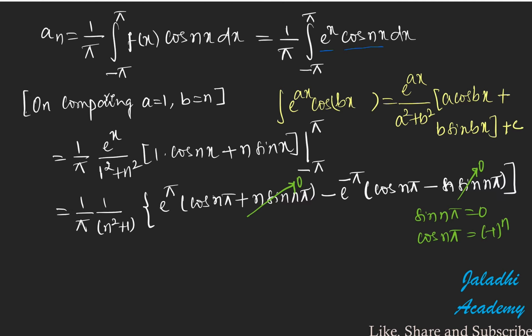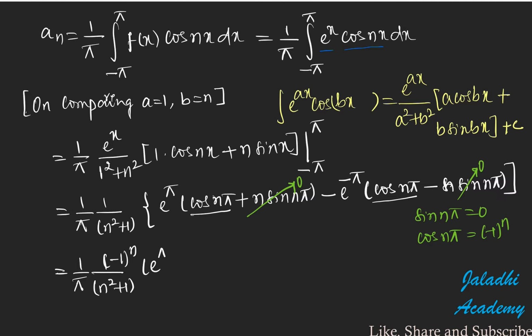And substituting values, we will get 1 by pi [1/(n^2+1)] into, so in both the terms cos n pi is there. Here also cos n pi is there, we can take it outside and we can replace it by its value (-1)^n.